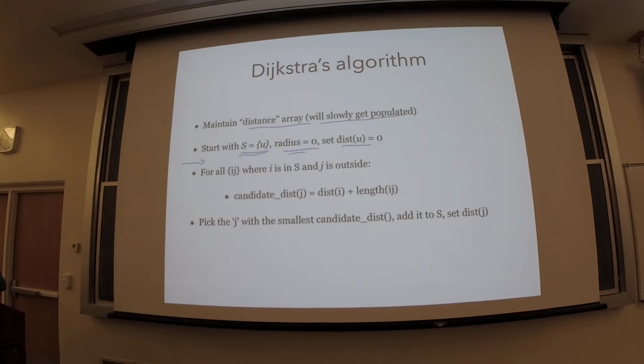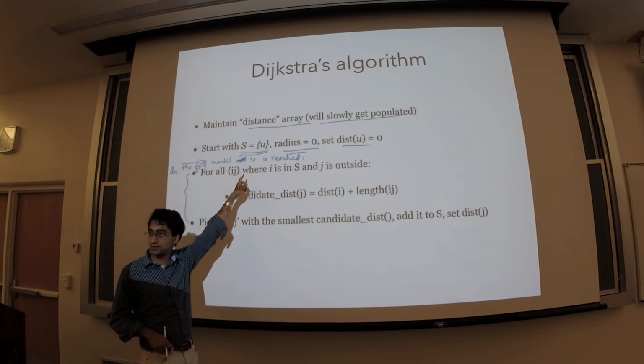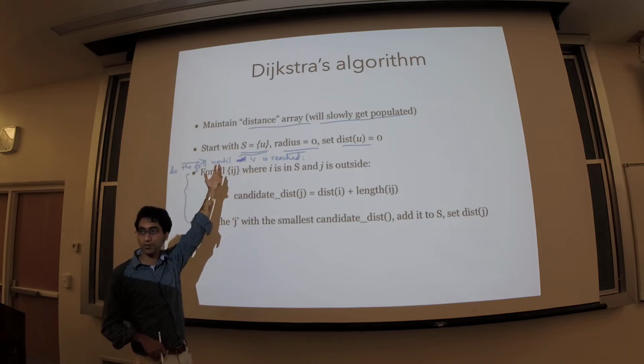Just do the following until V is reached. You do these steps until V is reached. So V is the target vertex. V is from the problem definition.